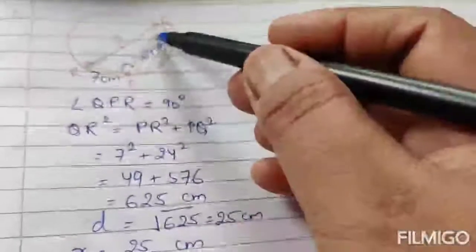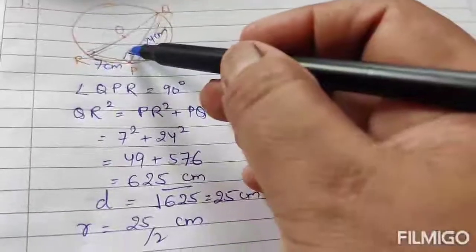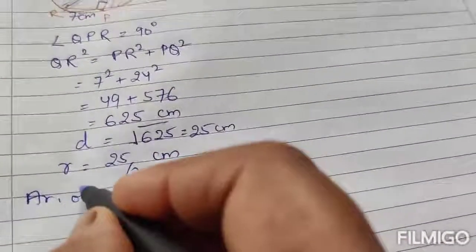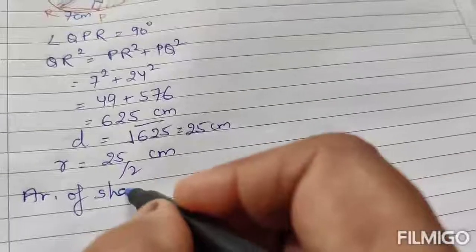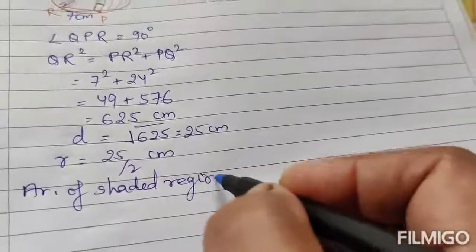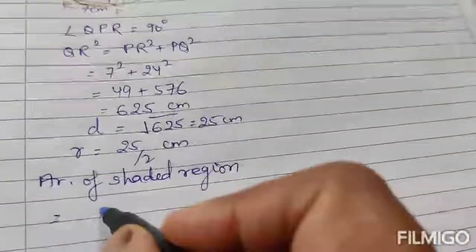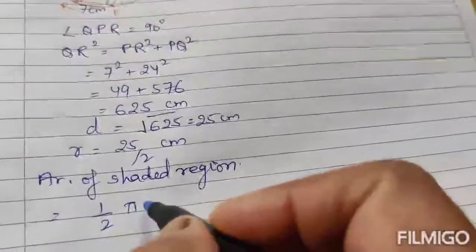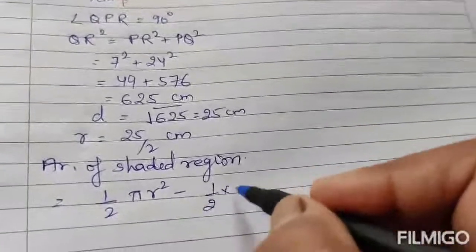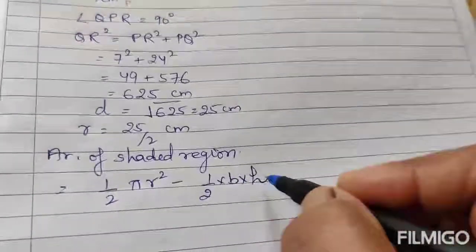Find the area of the shaded region means area of semicircle minus area of right triangle. Area of shaded region. Area of semicircle means 1 by 2 pi r square, minus area of right triangle means 1 by 2 base into height.